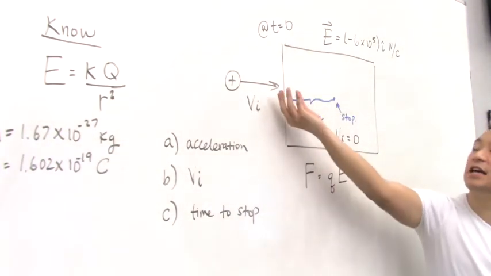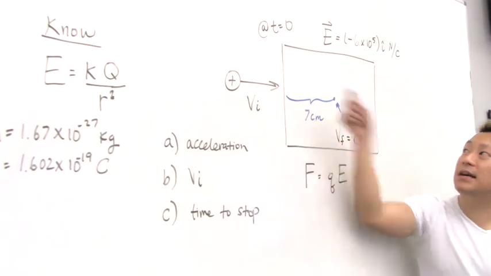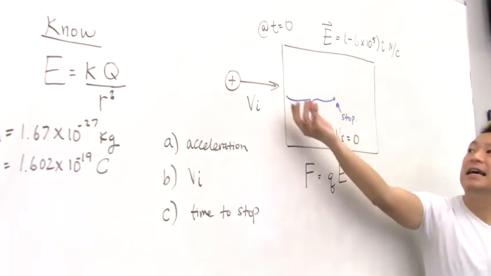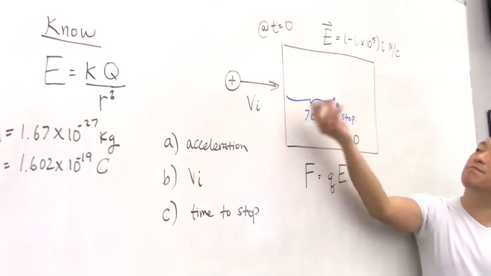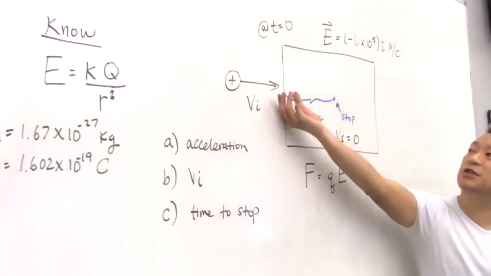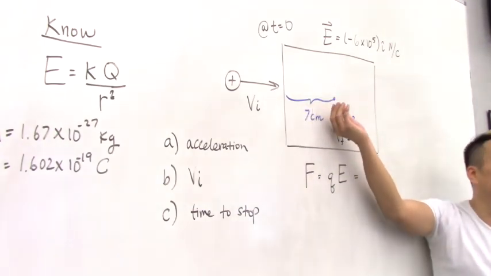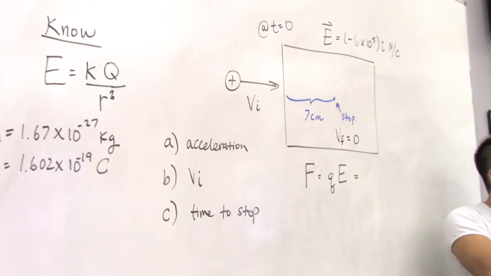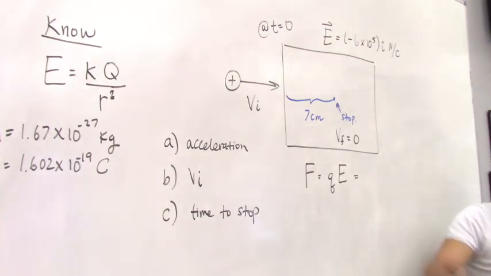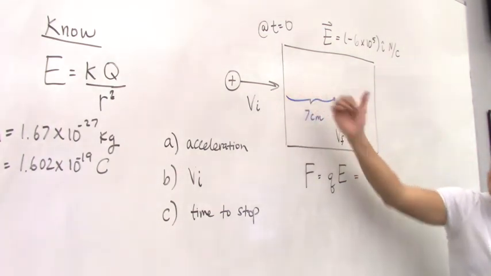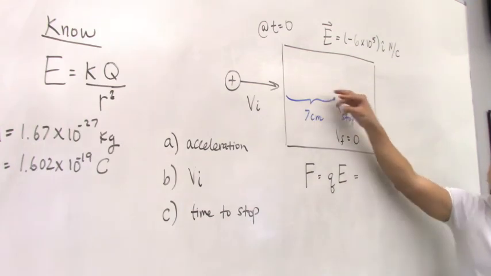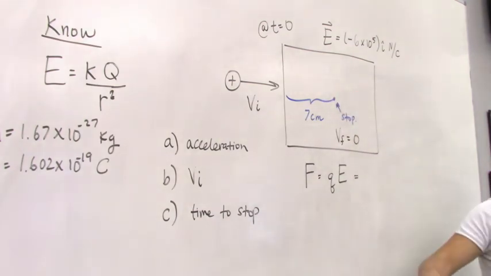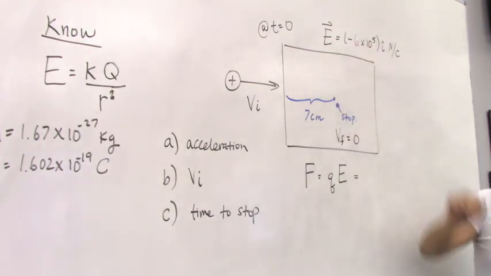It's going to keep going, but because the electric field is pointing in this direction, it's going to be attracted to go back left, so it's going to slow down and come to a stop at 7 centimeters. It's still going this direction, but it's slowing down, which means it's accelerating the other way because of this negative electric field.